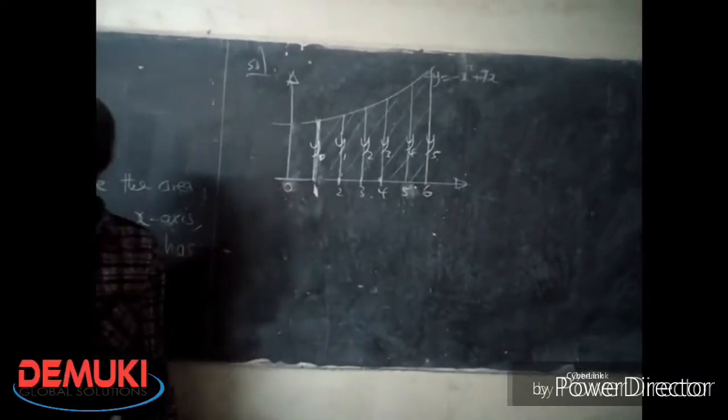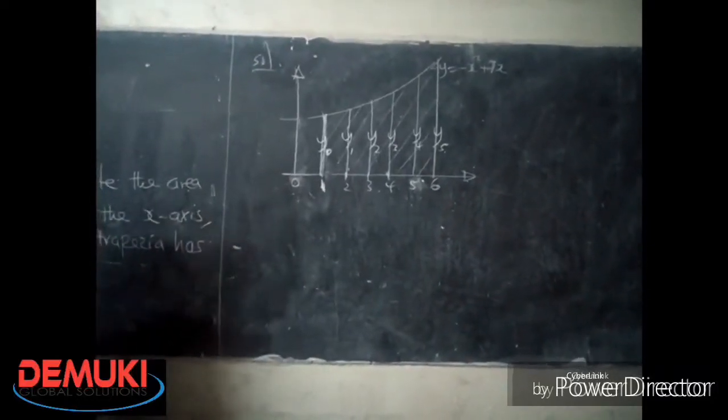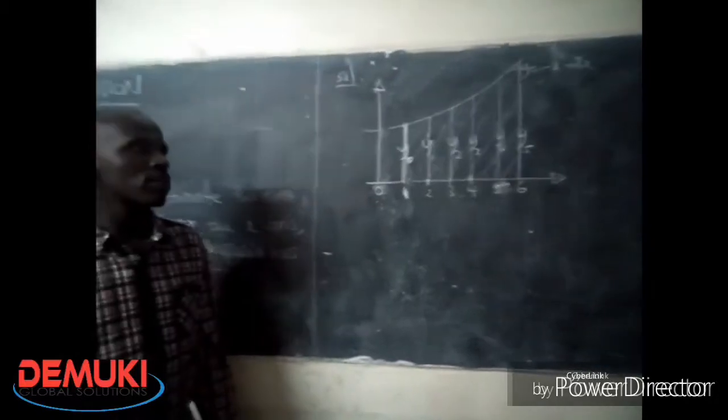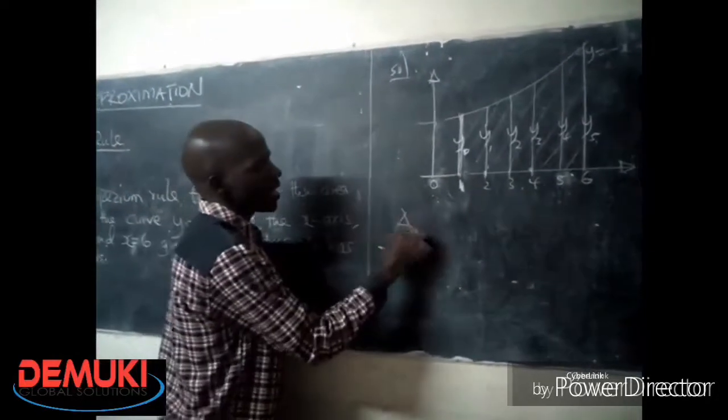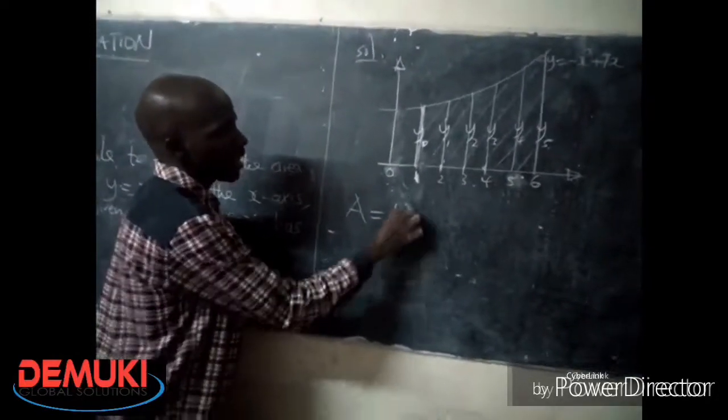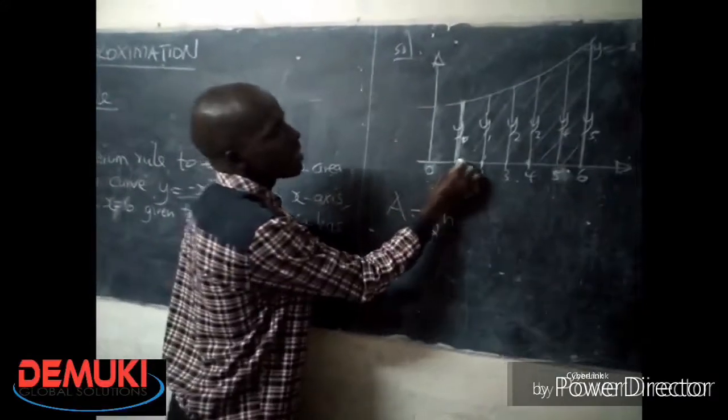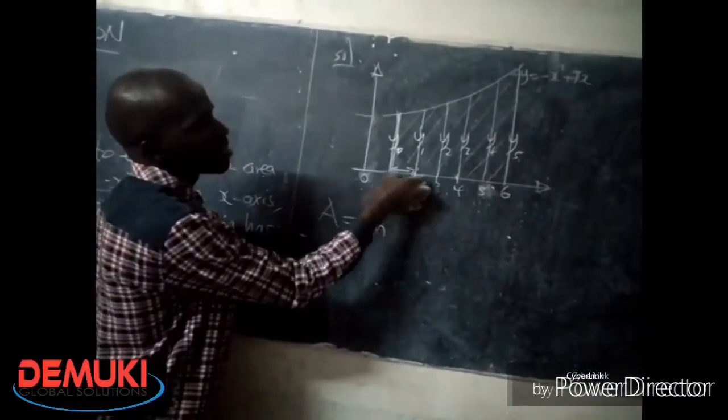So according to the trapezium rule, the area should be given by half h, where h is the width of each of these strips.